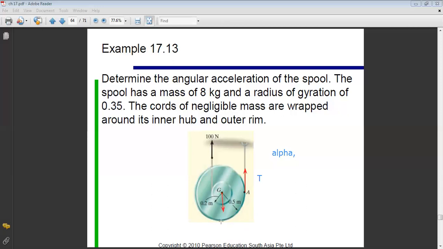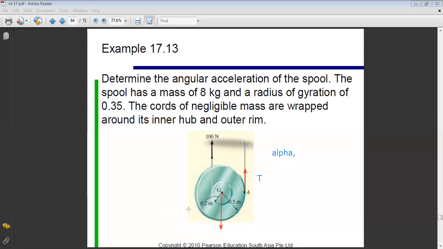This is W. And we know that the acceleration of G will be in which direction? It's upward along the Y direction. Why is it upward?